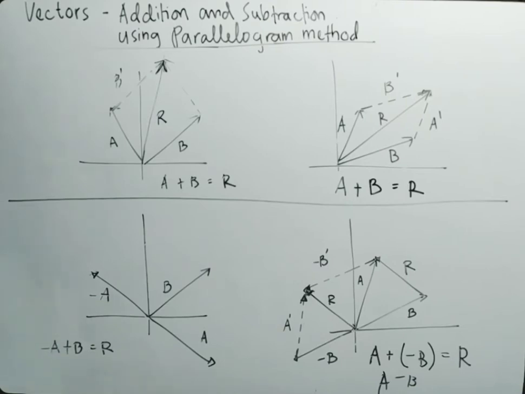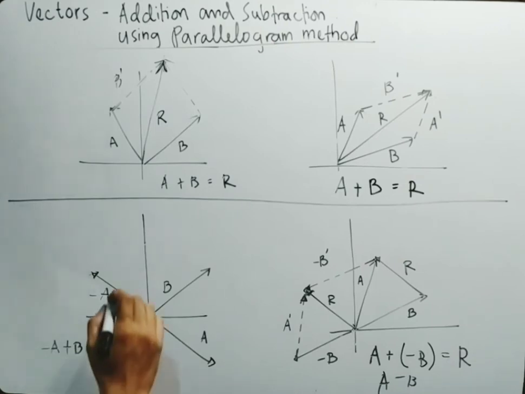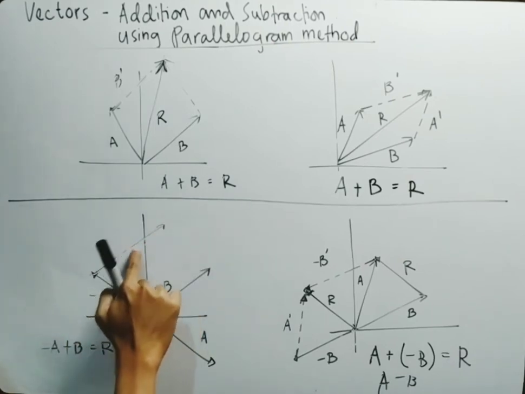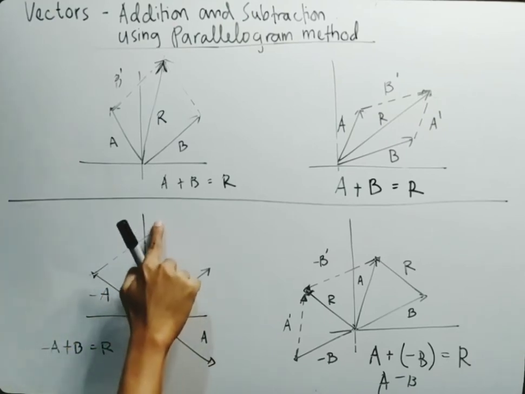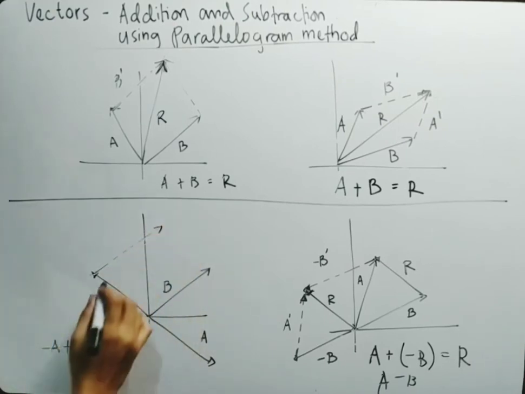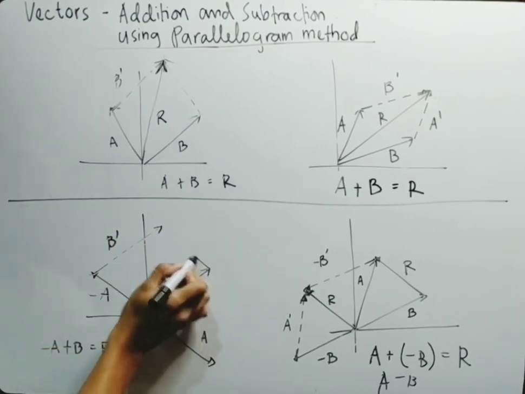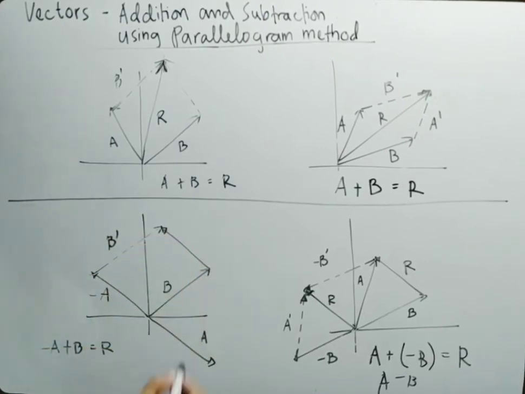Okay, now let us draw parallel lines of negative A and B. So this will be the line that is parallel to B. So let's call this one B prime. And this will be negative A prime.